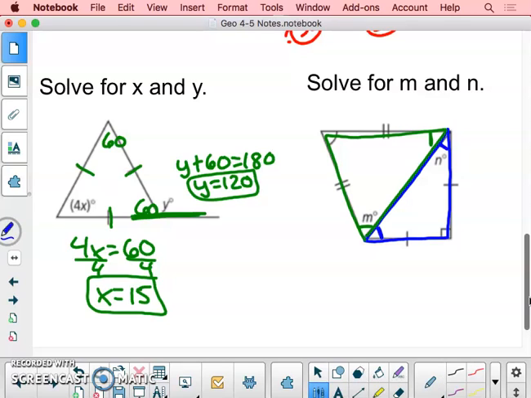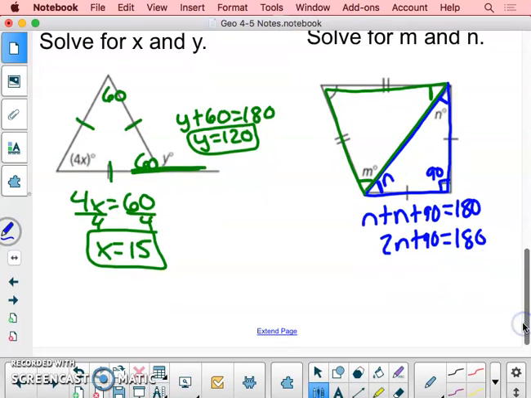All right? So this one on the right is called a right isosceles triangle, this blue one. I know that this means 90. So I know that n is both of these corners. I could do n plus n plus 90 equal to 180, or 2n plus 90 equals 180, which would mean that I could say 2n equals 90, or n has to be 45 in this situation.